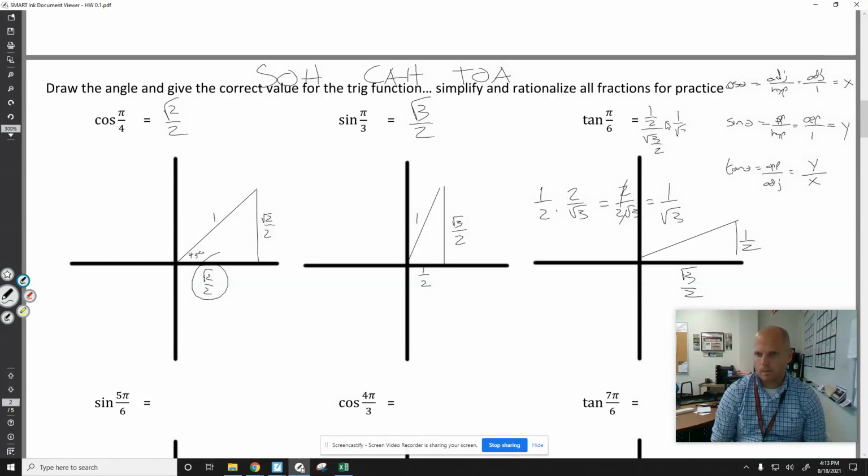That's one answer. But we also know, for the purposes of making things look consistent, that you can rationalize. This is what must be done if you didn't have a calculator, if you wanted to approximate what 1 divided by the square root of 3 is.